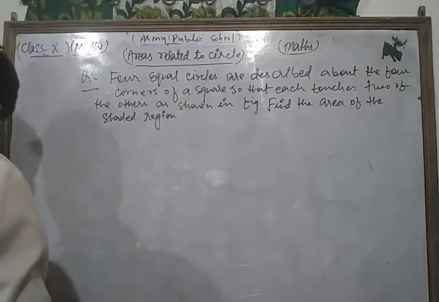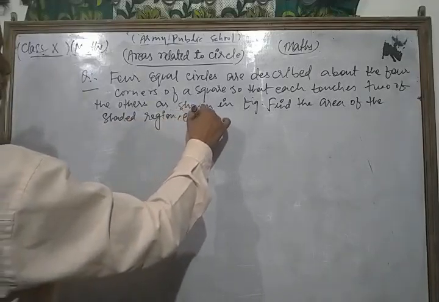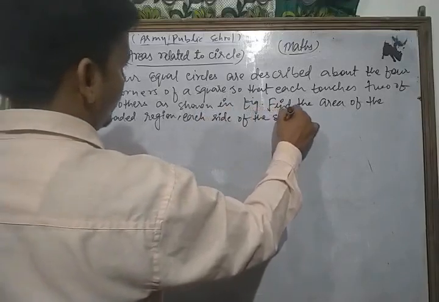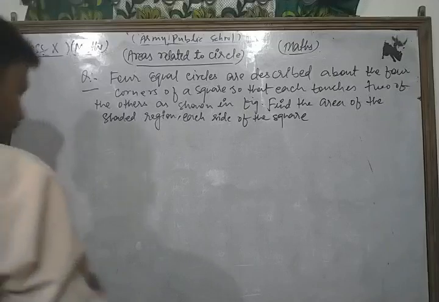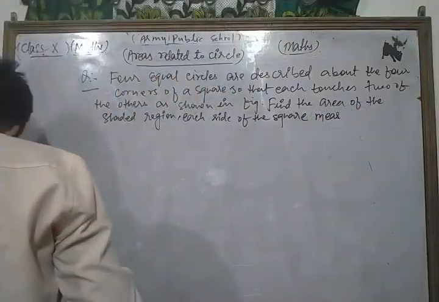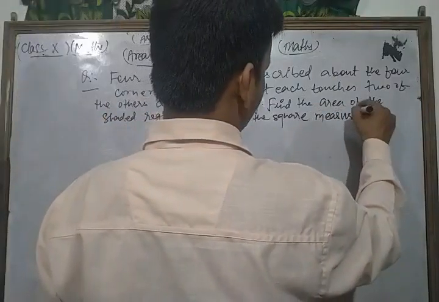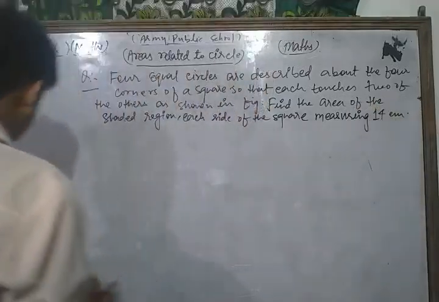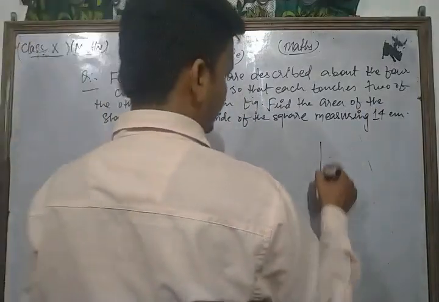Find the area of the shaded region. Each side of the square measuring 14 centimeter. Okay.